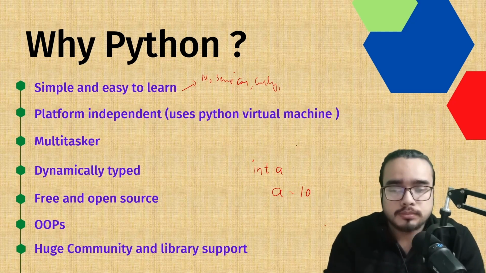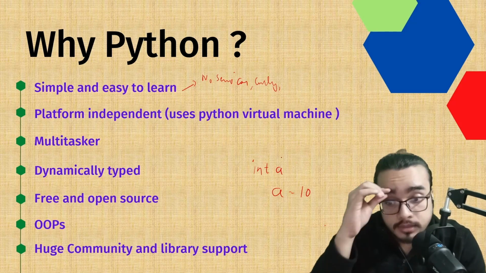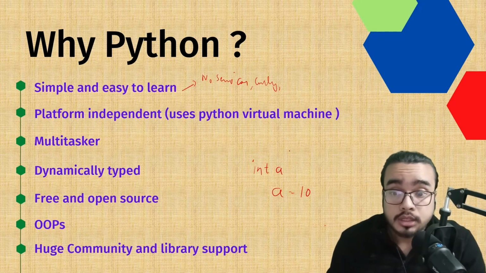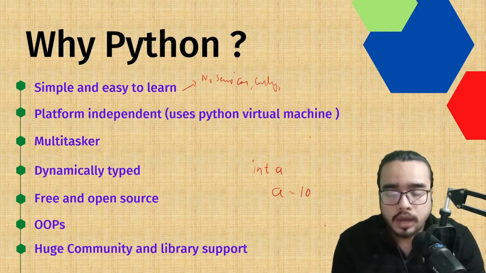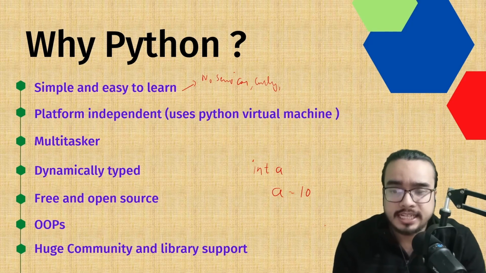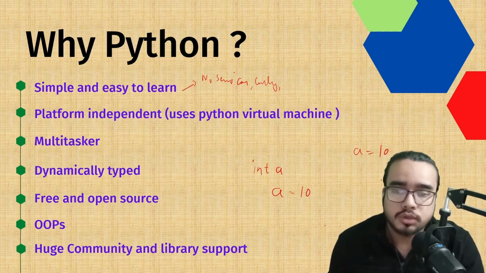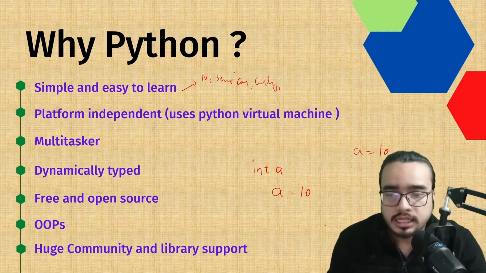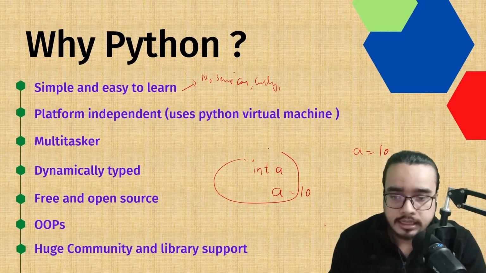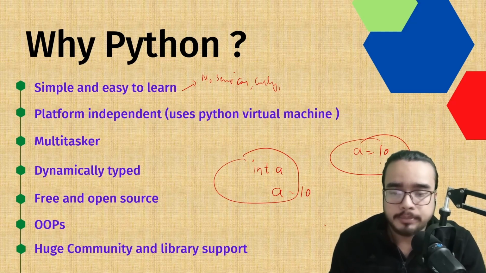Okay. So for all those who know somewhat of coding, you'll understand better. In other languages, you have to assign the data type first. You have to say int a, then you have to say a is equal to 10. But in Python, you can simply say a is equal to 10. Okay, this is what static typing is, and this is what dynamic typing is.